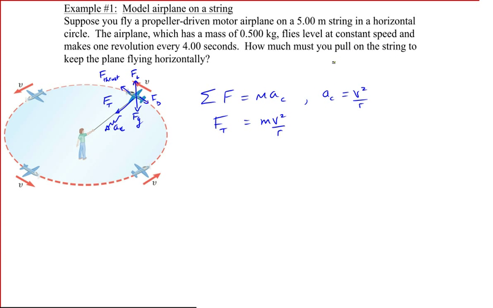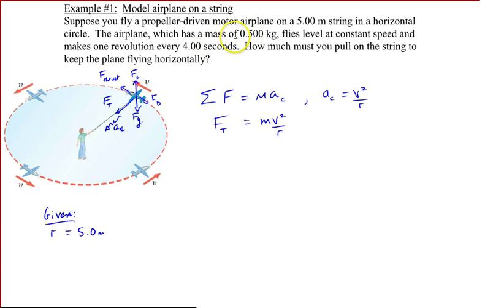So what do we know is given in the problem? Let's make a list of all the given information. We have 5 meters. That's the distance from here to here. I'm assuming roughly, we're not including the length of your arm. So we're going to assume that the axis to the middle of the airplane is roughly r of 5 meters.